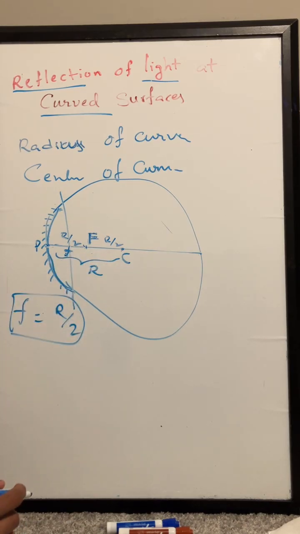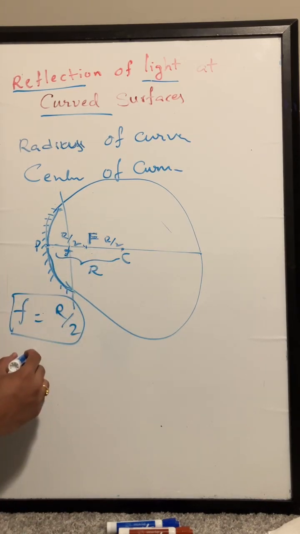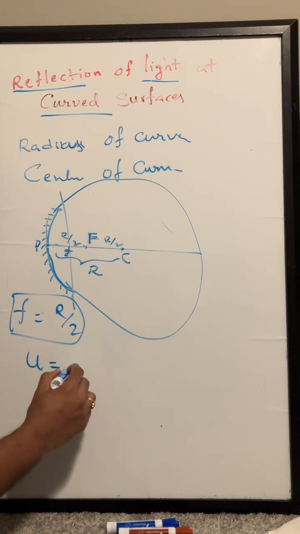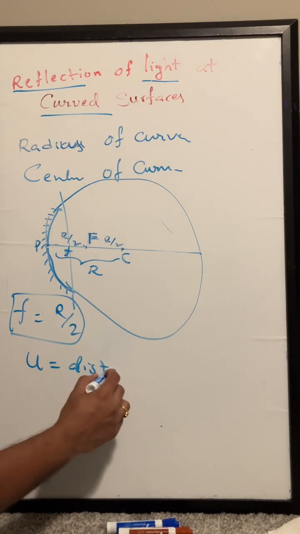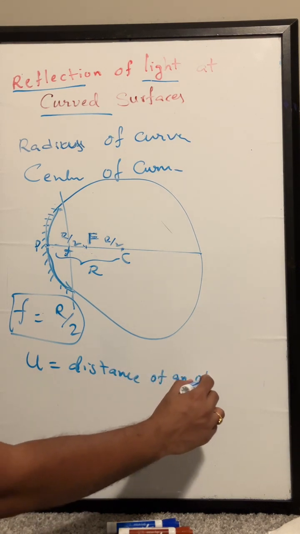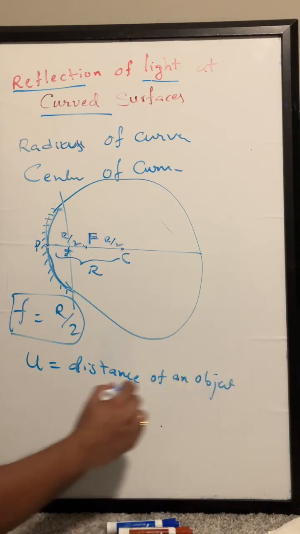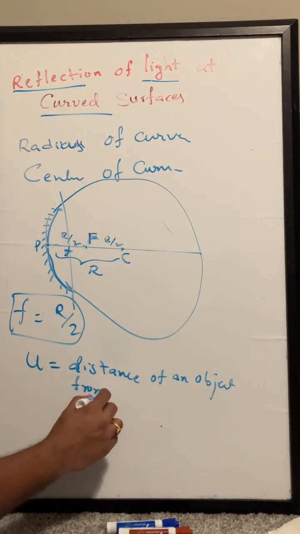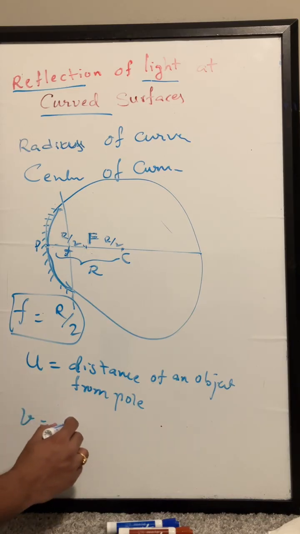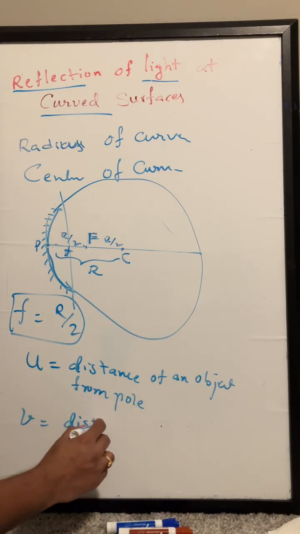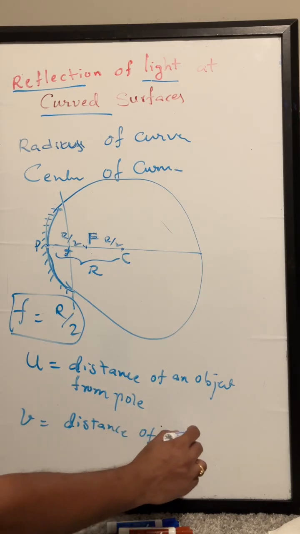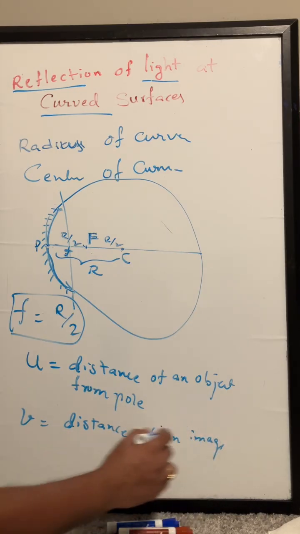Okay, then we also know that U equals the distance of an object from the pole. V is the distance of an image from the pole.